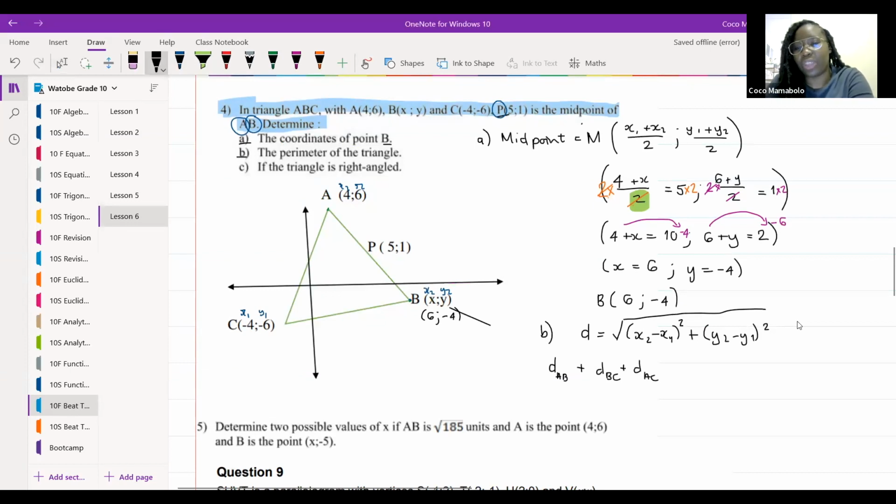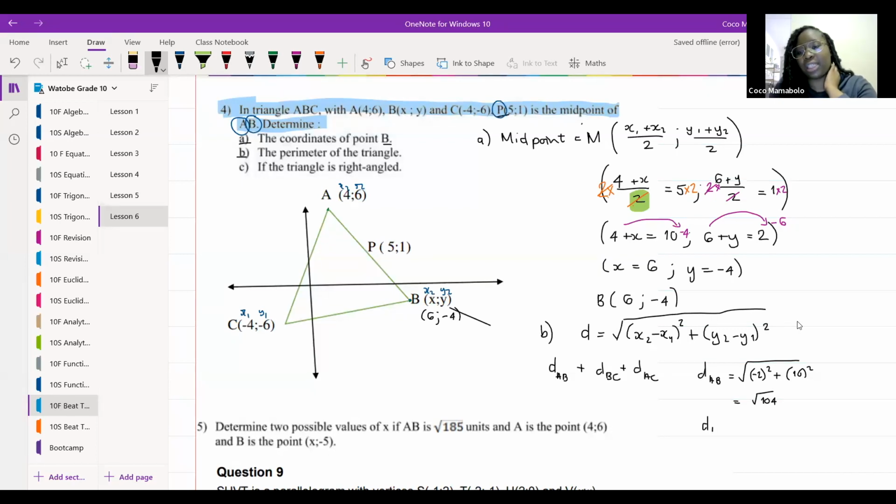So we know that the distance between A and B is going to equal the square root of 4 minus 6, all squared, which is -2 all squared, plus 6 minus -4, which is going to give us 10 all squared. And that's going to give us the square root of 104. That's the distance of AB.